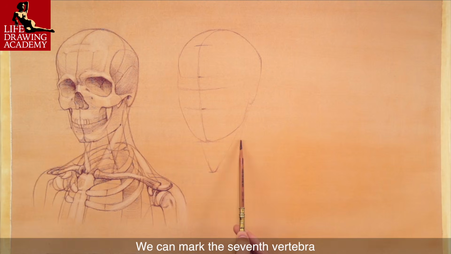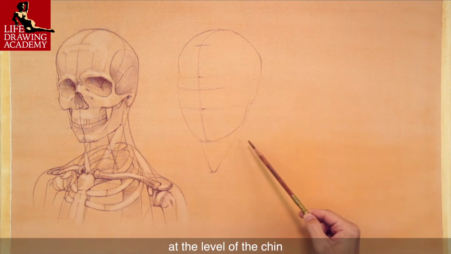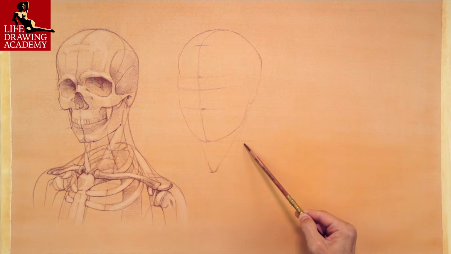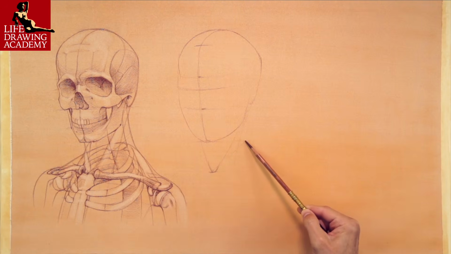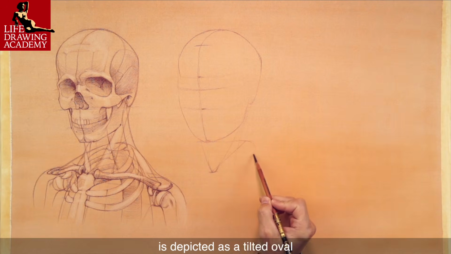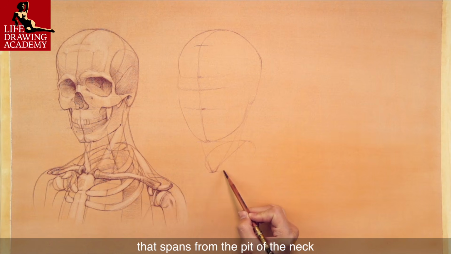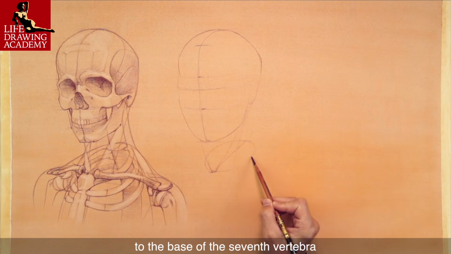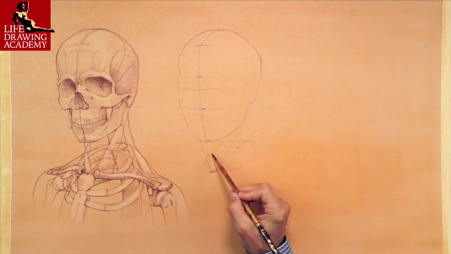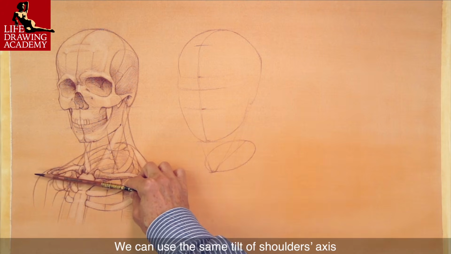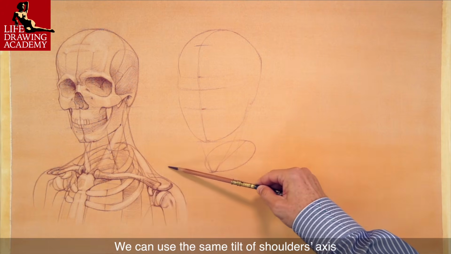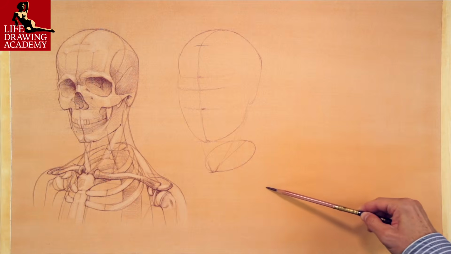We can mark the 7th vertebra at the level of the chin. The round base of the neck is depicted as a tilted oval that spans from the pit of the neck to the base of the 7th vertebra. We could use the same tilt of the shoulder's axis as in the previous drawing.